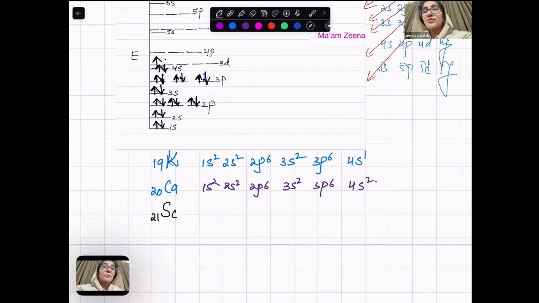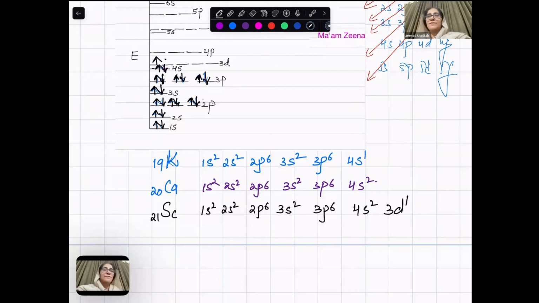So how are you supposed to write it? 1s2, 2s2, 2p6, 3s2, 3p6, 4s2, 3d1. But you know how you're supposed to write it?